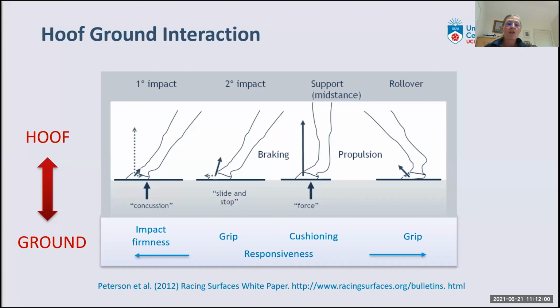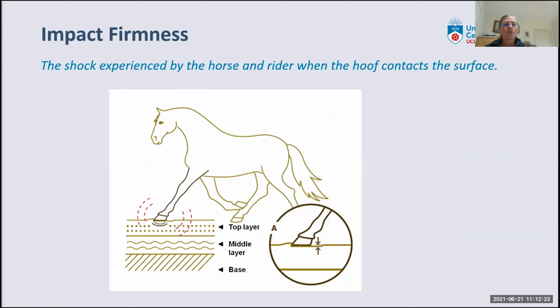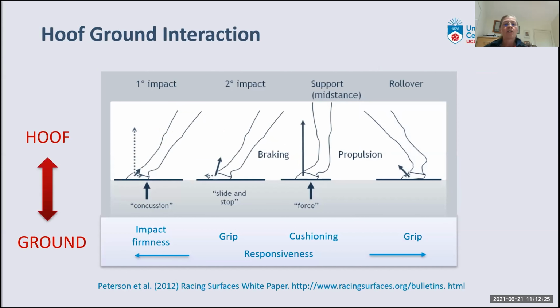So if we look at the hoof at initial loading, which is called concussion there, or primary impact, you can see there's a dotted line pointing vertically, and that's related to the amount of deceleration of the hoof when it initially strikes the ground. At that point, it's quite low load because it's only really the hoof that's in contact with the ground.